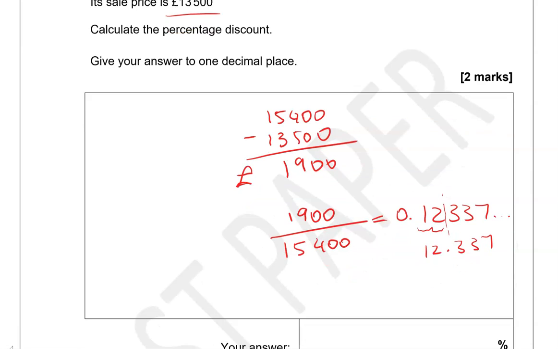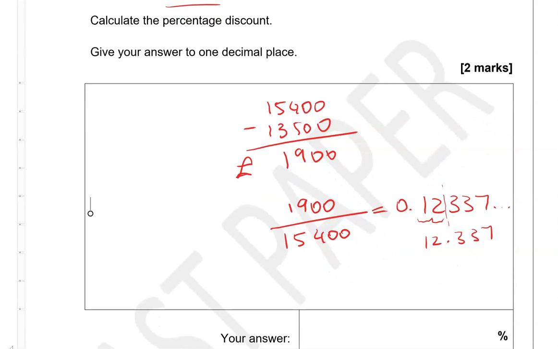We've got to give our answer to one decimal place. So we're only going to have one digit after the decimal point. So that's going to be the cutoff point. Now looking at the next digit on the right, that's a 3. So we're going to keep this one as a 3 as well. So rounding down to 12.3%.